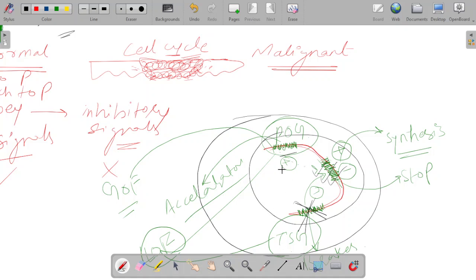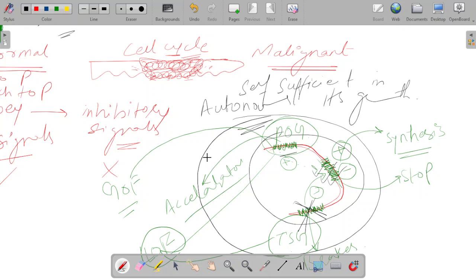So we can say now the cell is becoming self-sufficient in its growth, isn't it? Or you can say the cell is becoming autonomous.